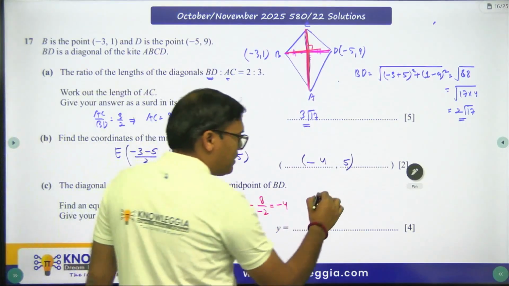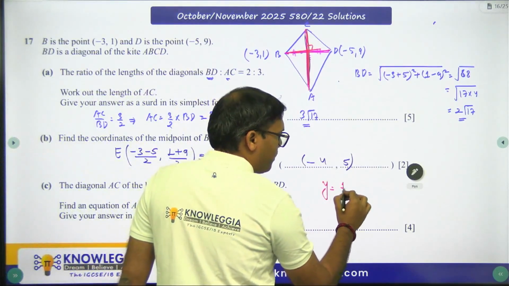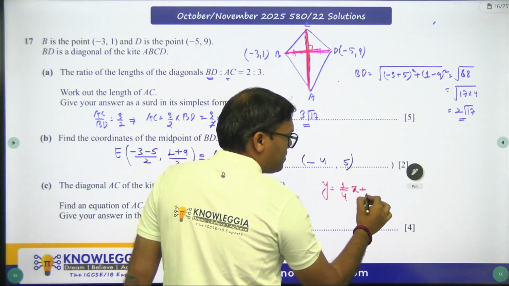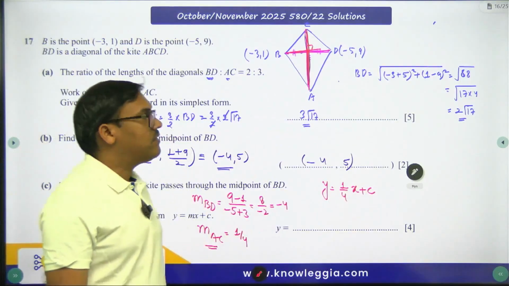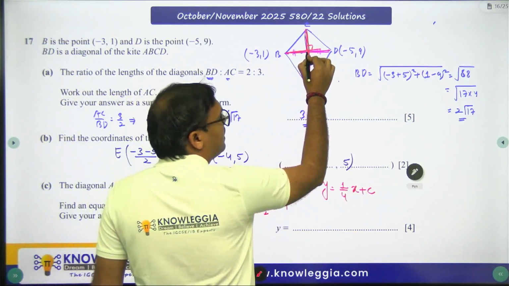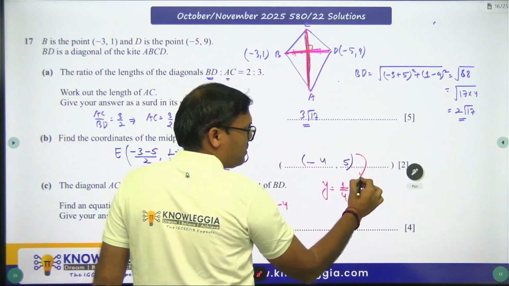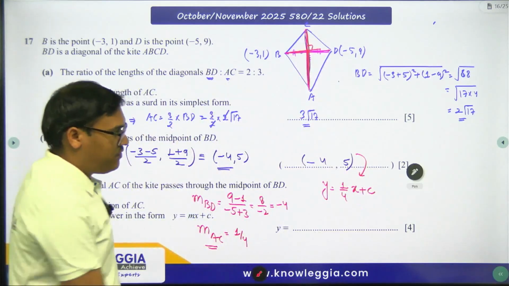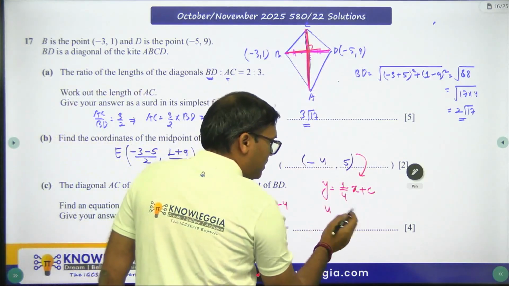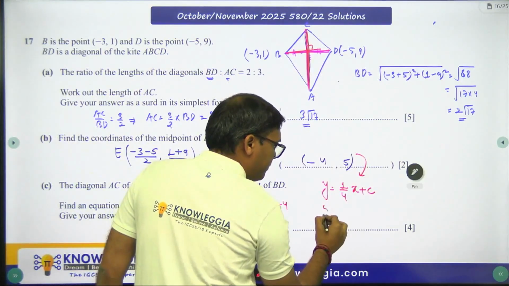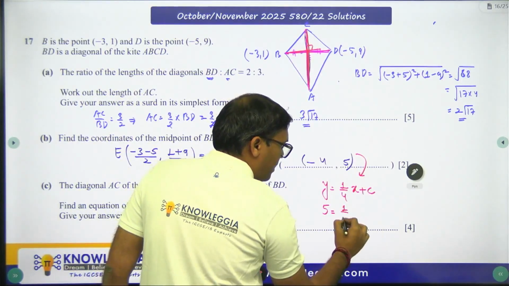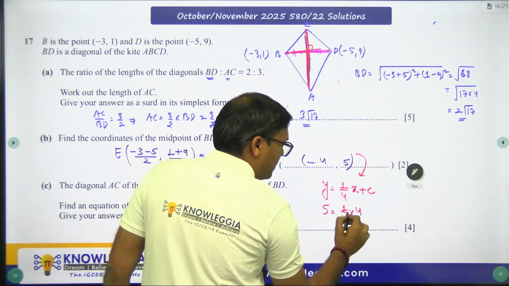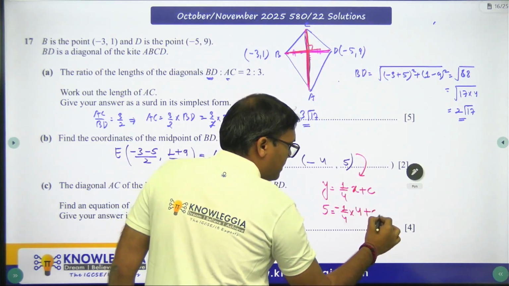So what will be the equation? This is y equal to 1 by 4 x plus c. Now the question comes, how will we find c? This diagonal is passing through the midpoint, and the midpoint we have already got: minus 4 comma 5. So if you substitute, y is 5, equal to 1 by 4 times the x coordinate, which is negative 4, plus c.